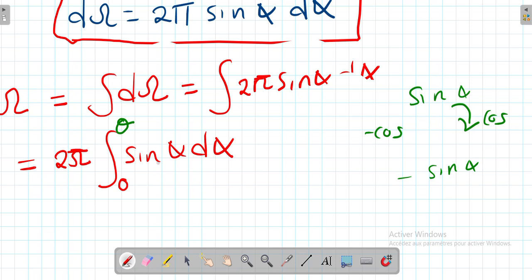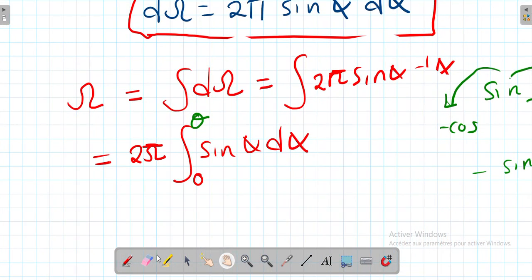So here we're trying to integrate sine alpha. What is the integration of sine alpha? For me to differentiate, I have to go this way. For me to integrate, I have to go the other way. This is clockwise, then this is anti-clockwise, anti-differentiation, if you want to remember.